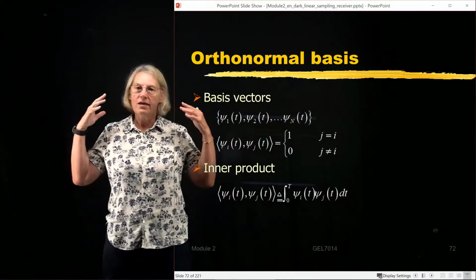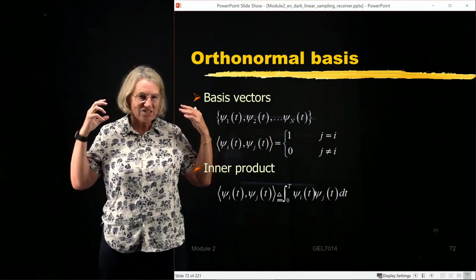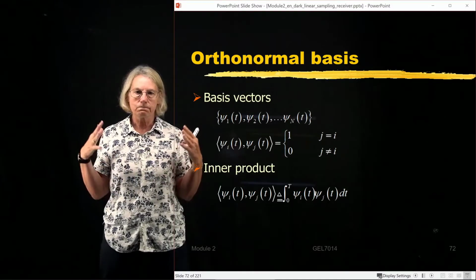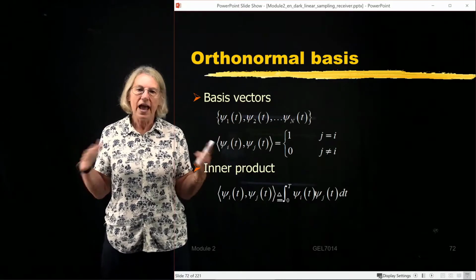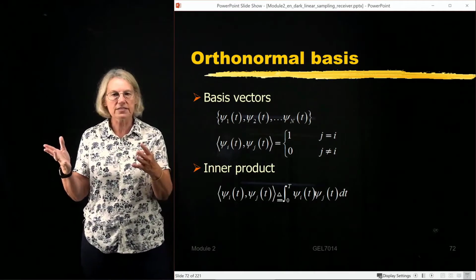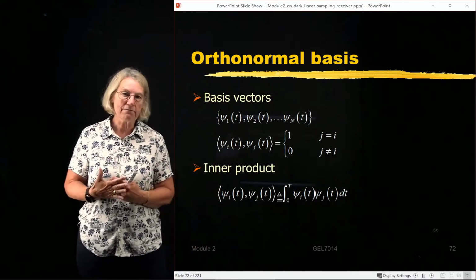Okay, so the basis vectors, I'm going to assume that there is a collection of basis vectors which describes the signal space. And in the signal space, of course, each signal is a time-varying signal. And so what I have to do is define what I mean by the inner product. You haven't come across that before necessarily. What is the inner product of these two time-varying signals?